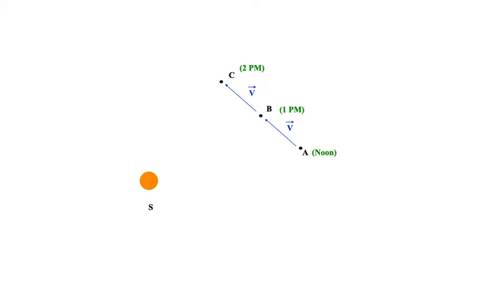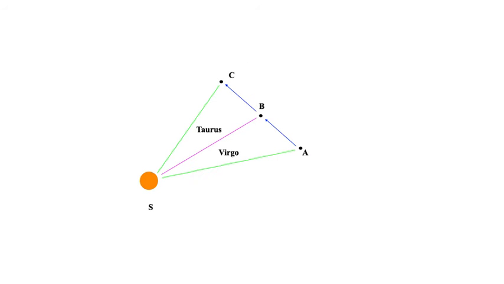In accordance with Newton's law of inertia, there being no external forces at play, Q continues at constant velocity and after 1 more hour arrives at position C. Because Q's velocity is constant, the distance traveled over a 1 hour time interval is also a constant, and so the distance from A to B is the same as the distance from B to C. We can construct 2 triangles as shown here.